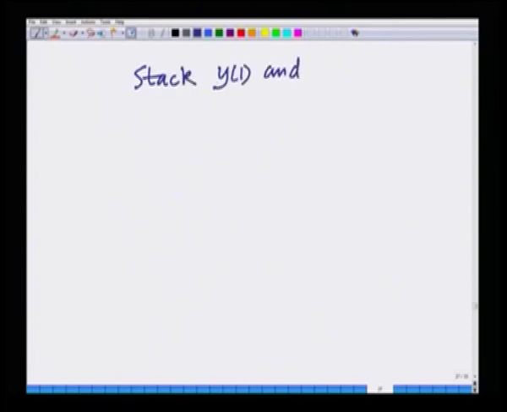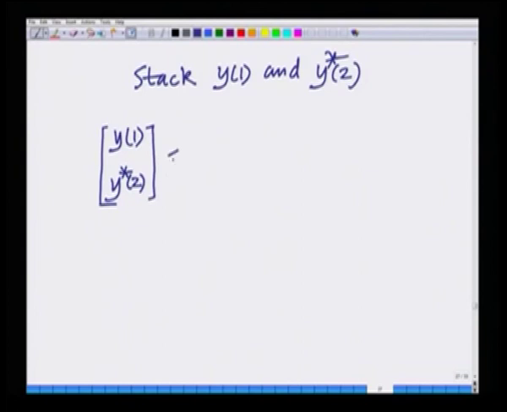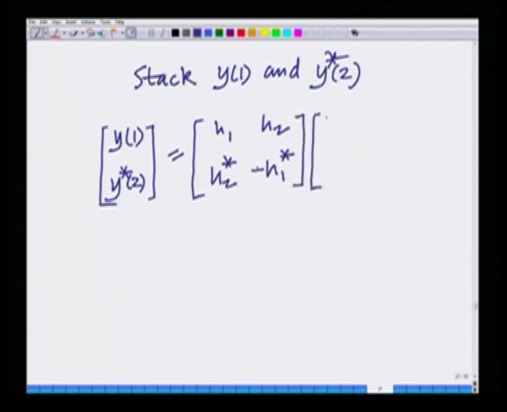Y1, y2 conjugate equals, and you can verify this, this can now be written as h1 h2, h2 conjugate minus h1 conjugate, x1 x2 plus noise n bar.